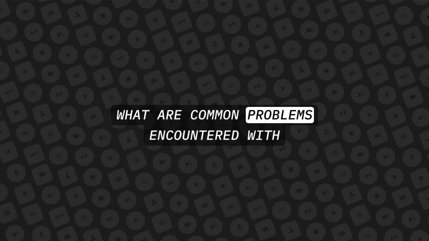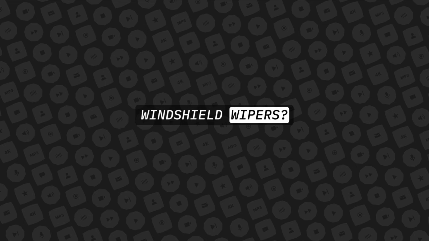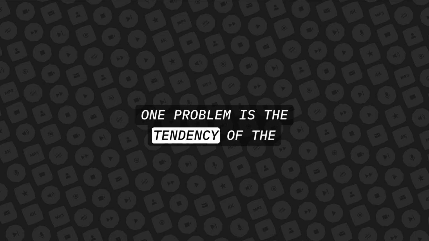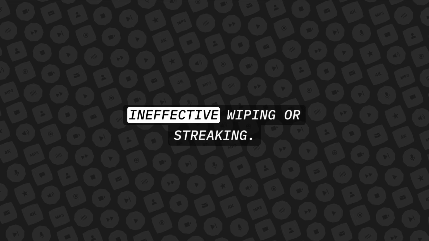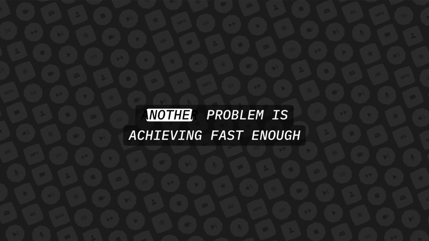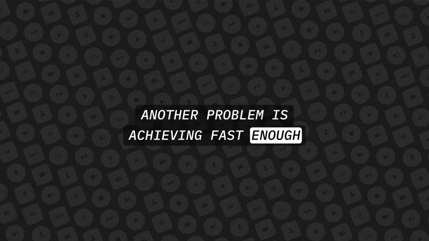What are common problems encountered with windshield wipers? One problem is the tendency of the aerodynamic force to reduce the wiper blade load pressure on the windshield, which causes ineffective wiping or streaking. Another problem is achieving fast enough wiper oscillation.